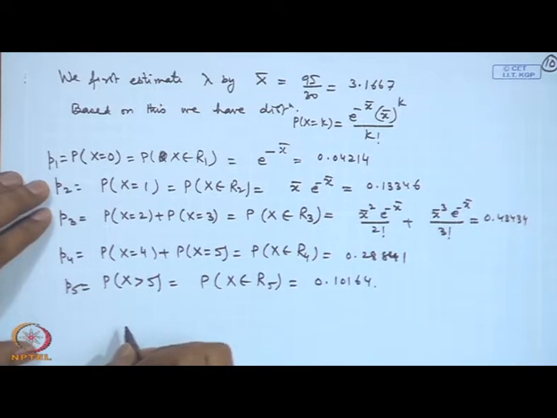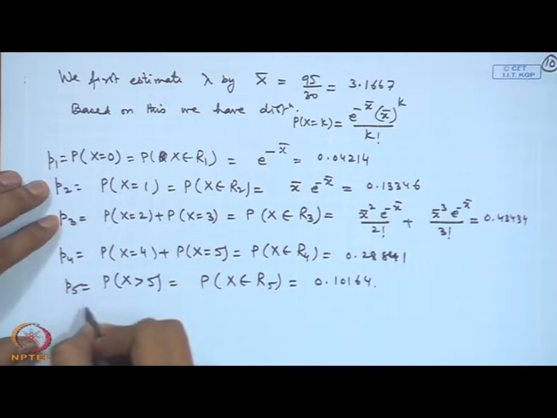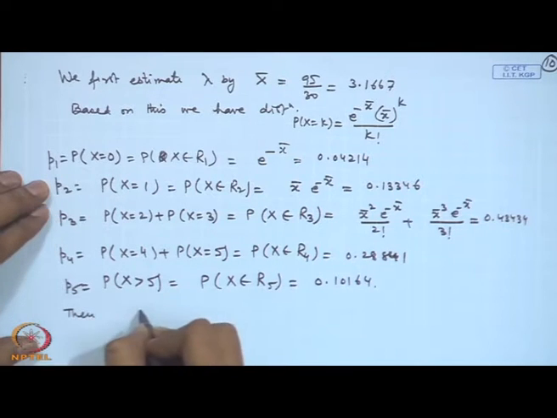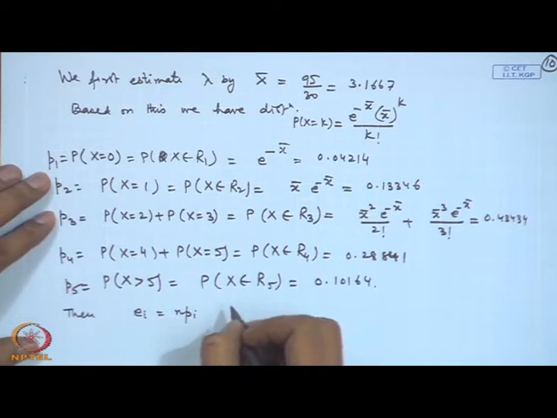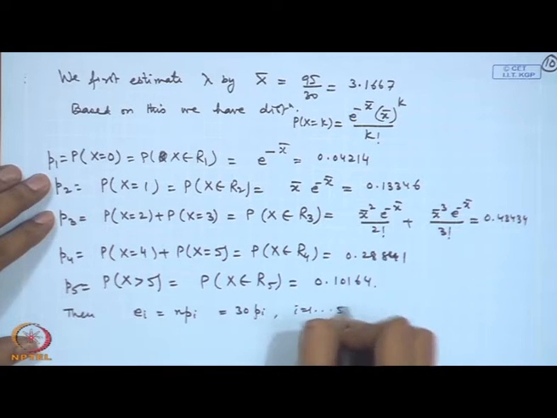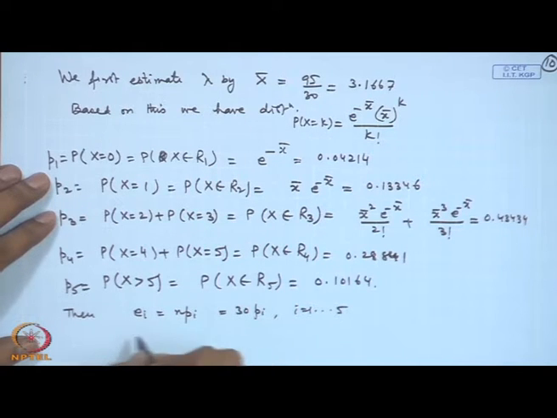Now, based on this, we can calculate the E I s, which are nothing but n P I, that is equal to 30 times P I, I is equal to 1 to 5.